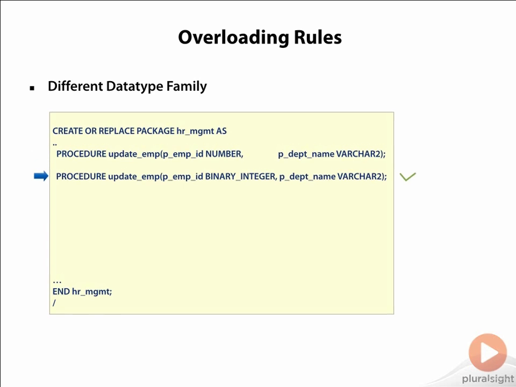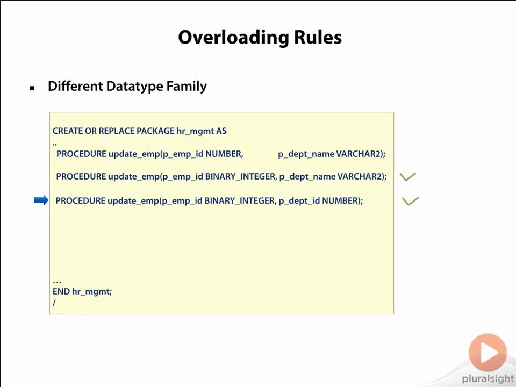You can overload it by creating another procedure, update EMP, which takes in PEMPID of type binary integer and pDPT name of type varchar2. Here the second parameter is the same, but since the data type is number for the first procedure and binary integer for the second, even though both are numeric, they belong to different data type families and so can be overloaded.